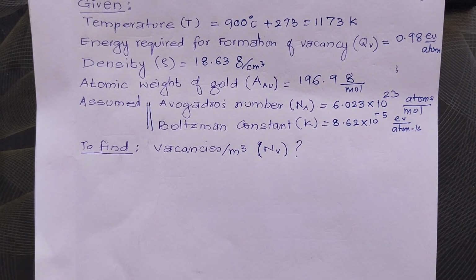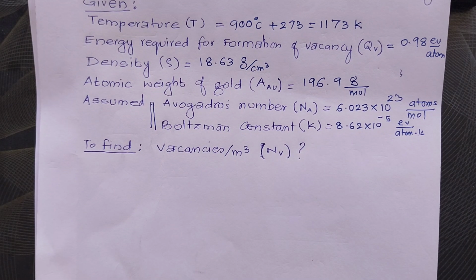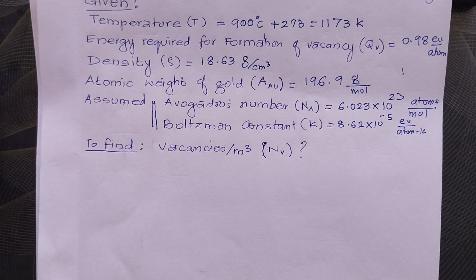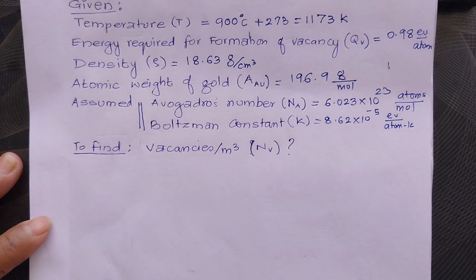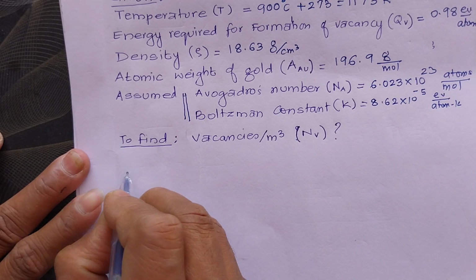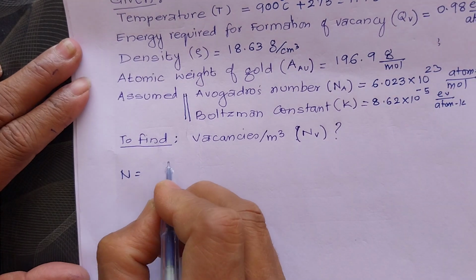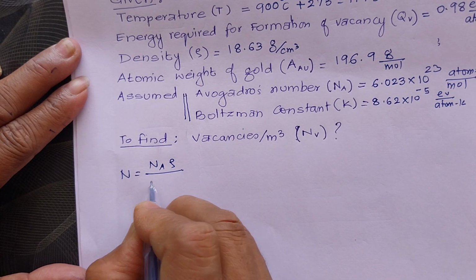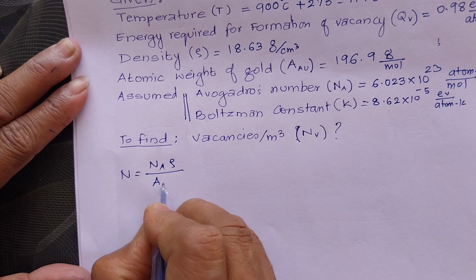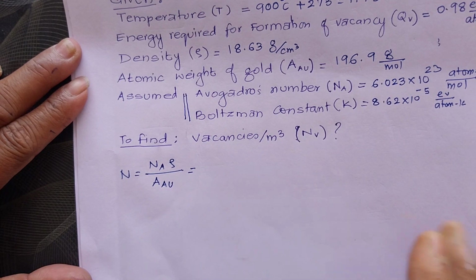In this question, we have to find the vacancies per meter cube. To do that, we first need to know how many atoms can fit in a crystal of gold of size 1 meter cube. The equation used is the number of sites equals Avogadro's number into density upon the atomic weight of gold.